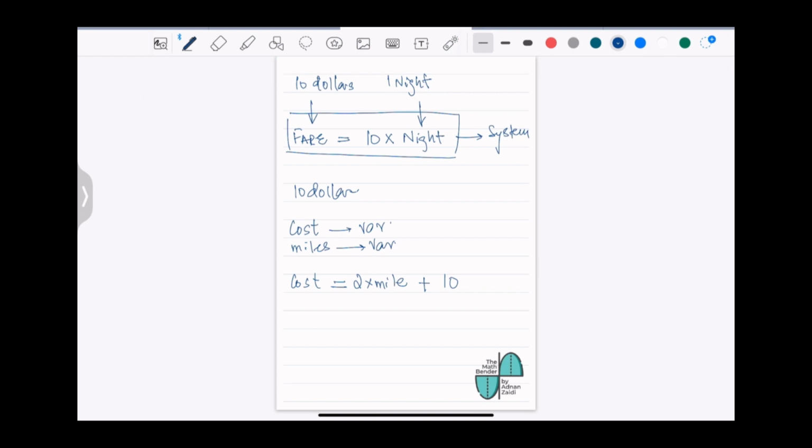So if someone asks what is the total cost of traveling 100 miles, the total cost will be equal to 2 times 100 plus 10, and the cost will be $210. This is another system, where the variables are joined together to perform as a function.